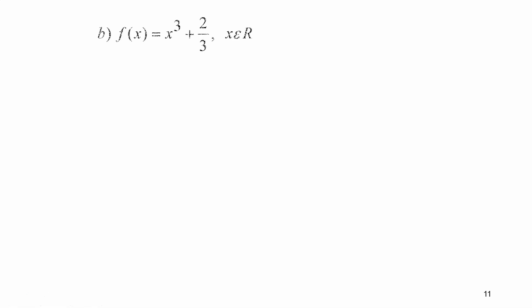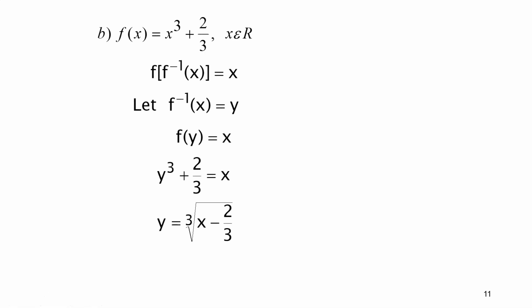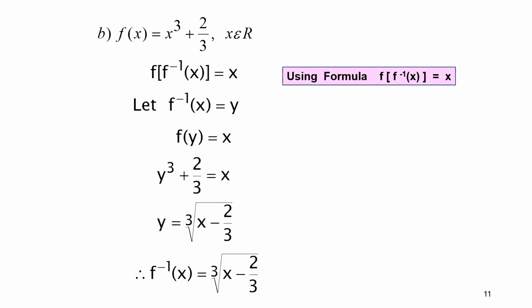Then for the second one, again we're going to use the same formula: f of f inverse equals x. Now we're going to let the f inverse be y, because we don't want to write it down this way. It's quite confusing, right? Writing f inverse of x is quite tedious, so why don't we write it in this form?